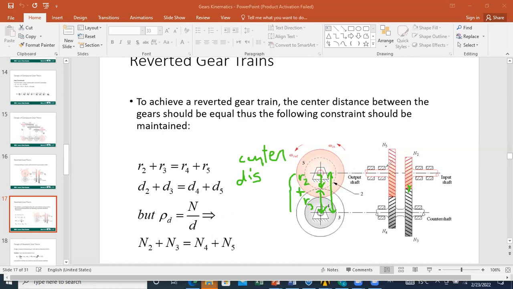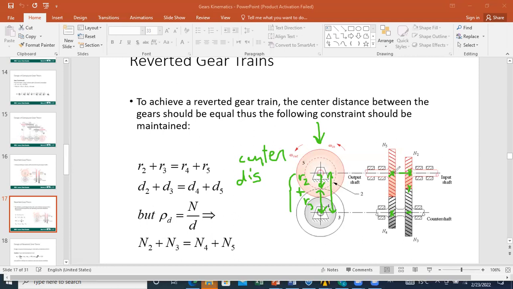Of course, if you take the profile view, this is the center of 5, this is the center of 4, this is the center of 2 and 3. These centers are in different planes. But when you do the projection and you look at this view, both centers are coincident because their projection is the same.